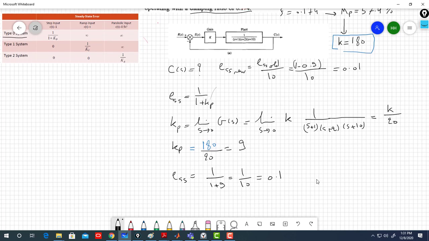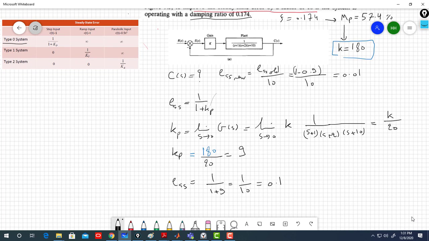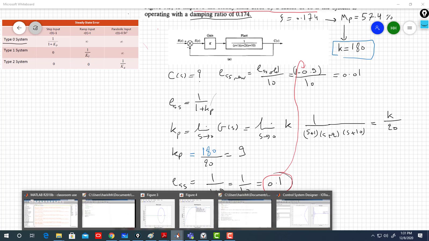And this is what you find in here. This is the 0.1. Here is what you find here: 1 minus 0.9 is 0.1, the one that you found in the previous exercise.